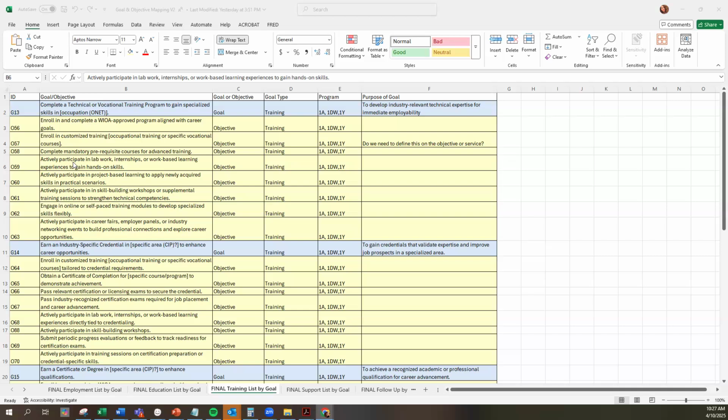A lot of objectives can support the same goal. Like I think in our employment one, updating your resume and preparing for interviewing and all that can support a lot of the different employment goals. And the same can be true for some of the stuff that we see in our training as well, just helping our students or the customers be successful in their training.